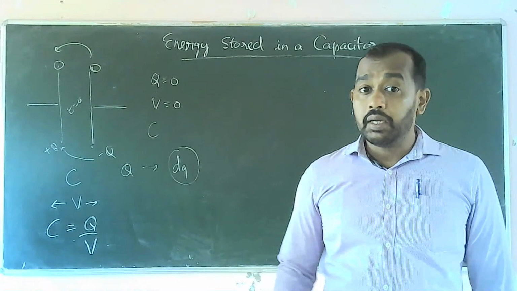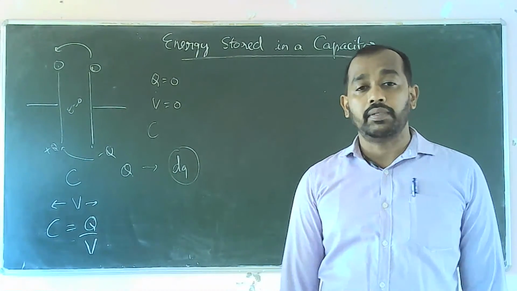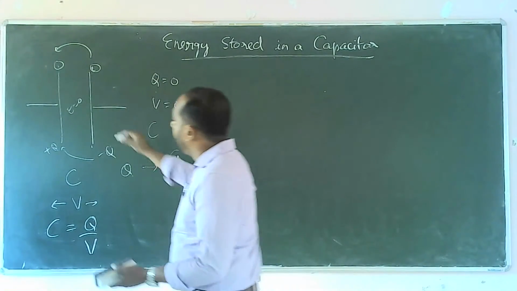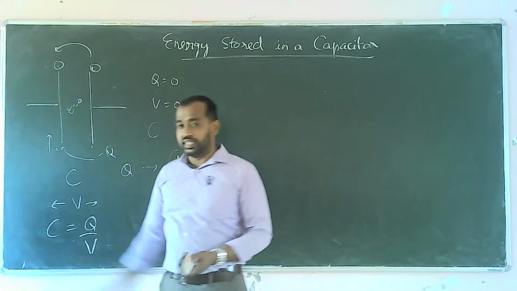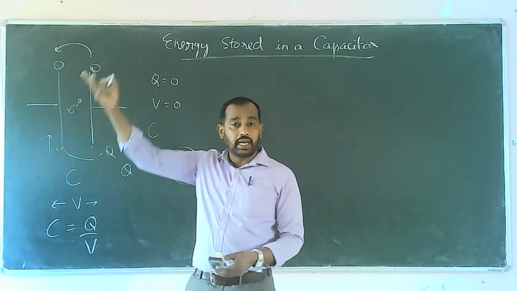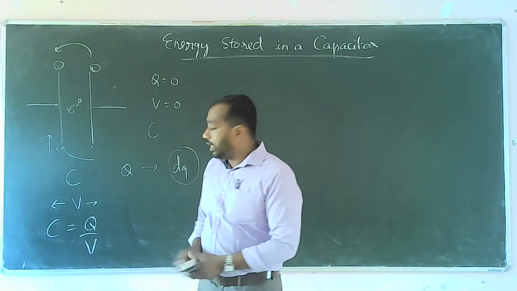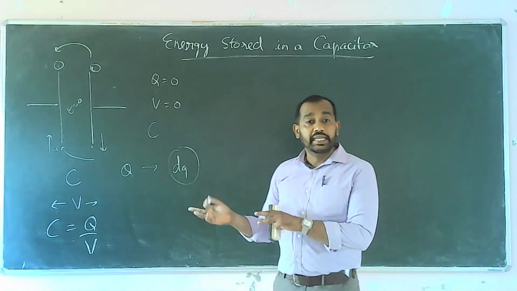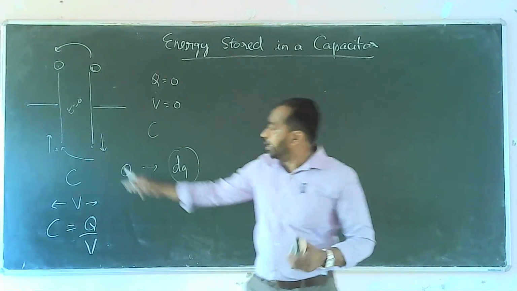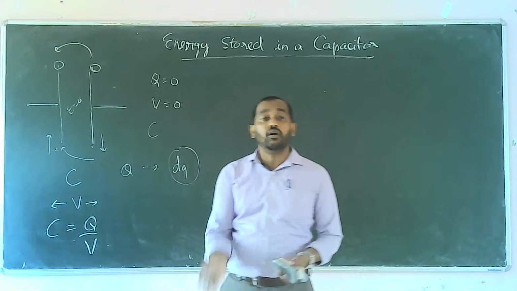That we have seen. But as we go on transferring the charges, what happens? The first plate will become more and more positive. I am representing it with the arrow, increasing positive, and the other plate will become more and more negative, which indicates that the potential difference V starts to build up.